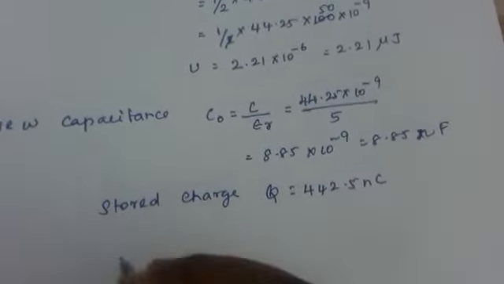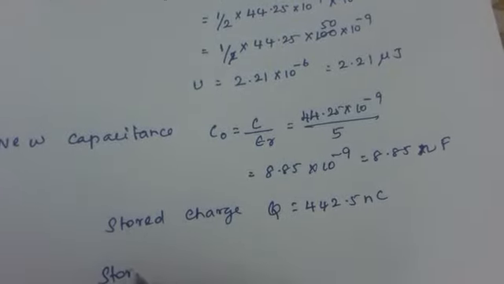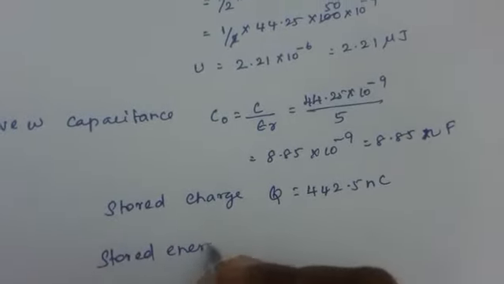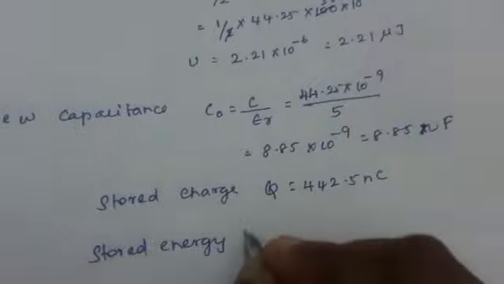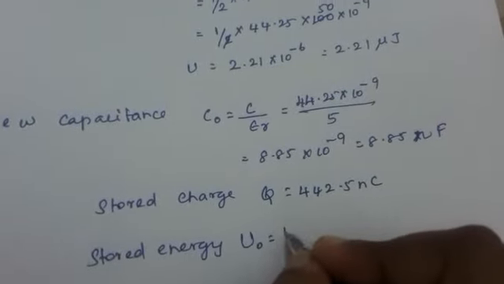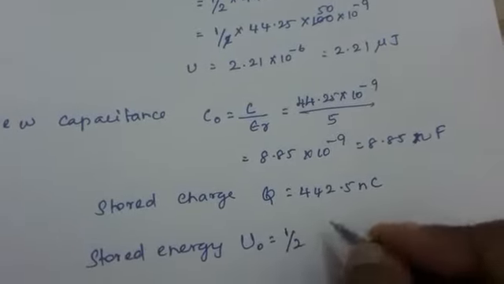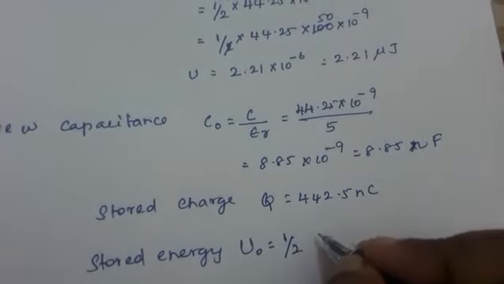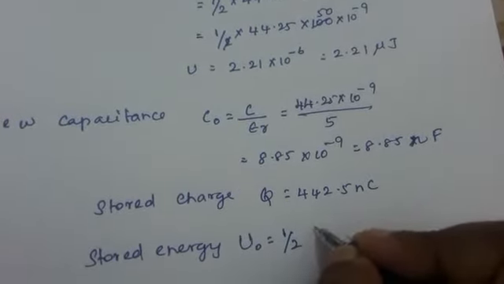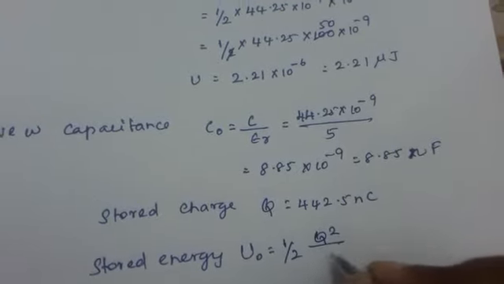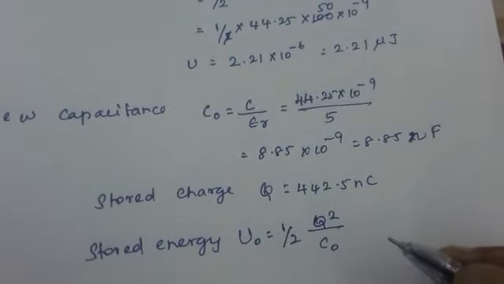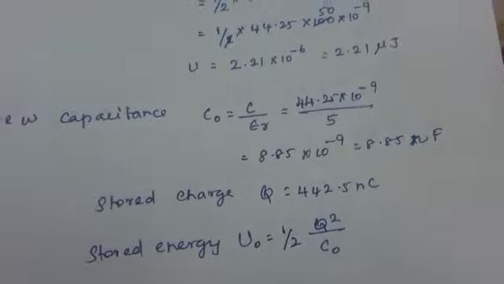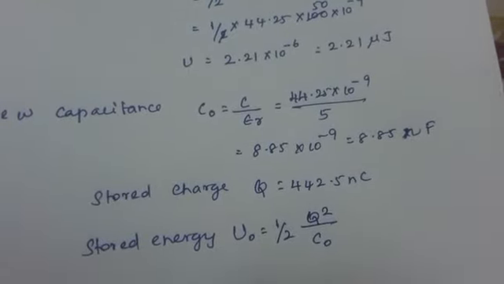Then the third part you have to find out is the stored energy. The stored energy U0 is equal to half Q square by C0. This is the formula we are going to use.